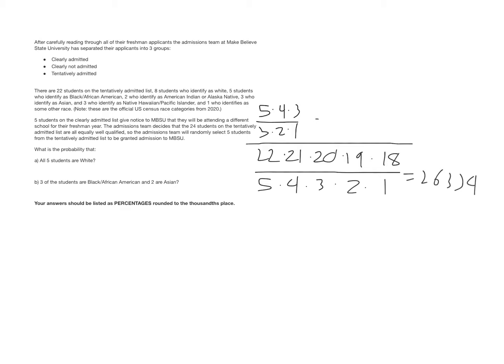Then I also need to select my 2 Asian students. 3 students identify as Asian, and I'm only choosing 2 of them. So 3 options for the first student, 2 options for the second, and then how many ways can I rearrange any particular group of 2? Well, 2 different ways.